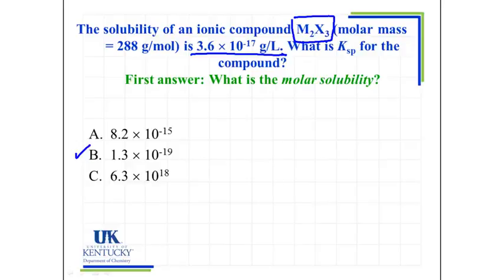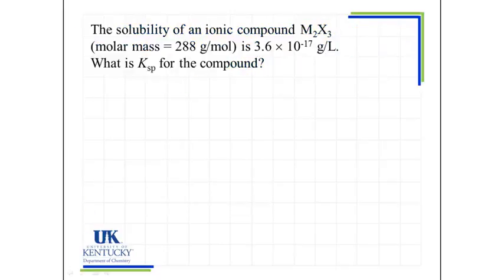Now we're going to complete this problem together. Oh, there it is. Green check mark. So now we have space to work the problem, and we're going to start by writing the reaction. The solid is M2X3, and it's turning into the ions in aqueous solution. There are 2 of the metal ion. It probably has a 3 plus charge.